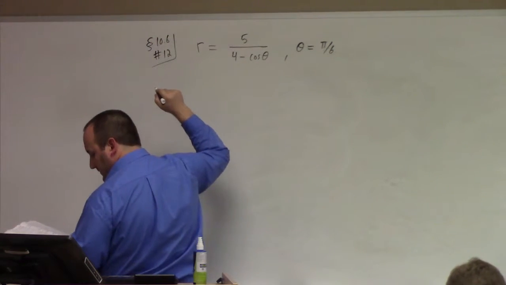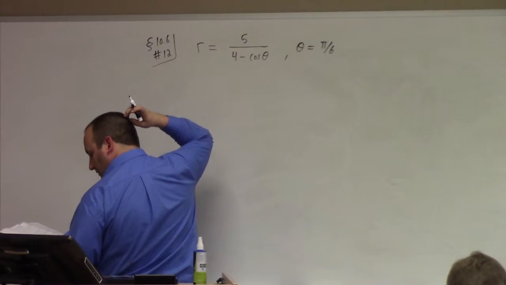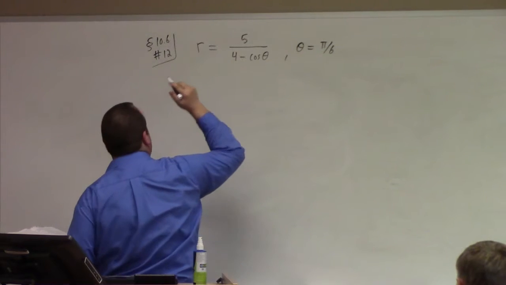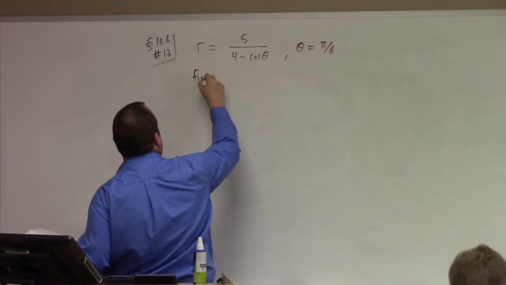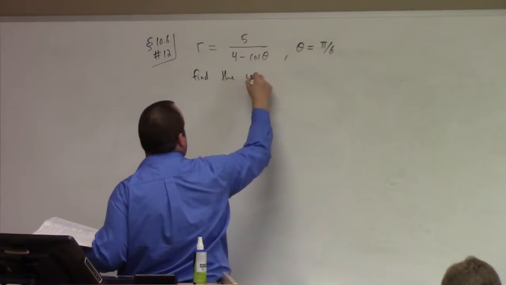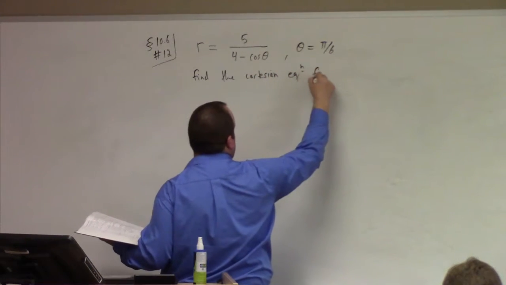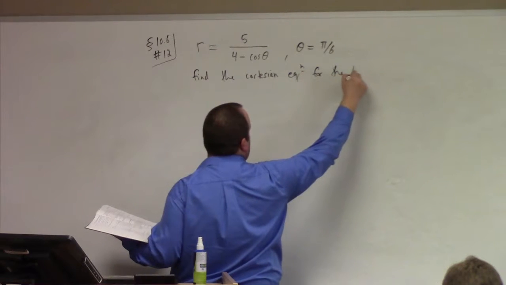What's the question ask us? We want to find an equation in x and y for the line tangent to the polar curve at the indicated value of theta. So basically find the Cartesian equation for the tangent line.